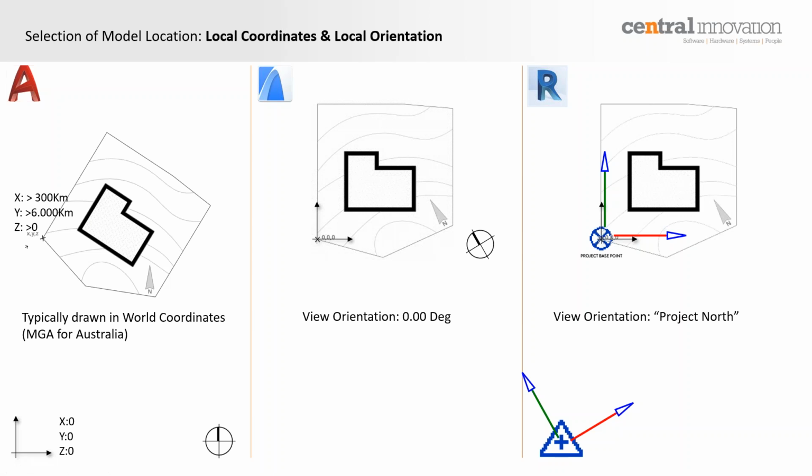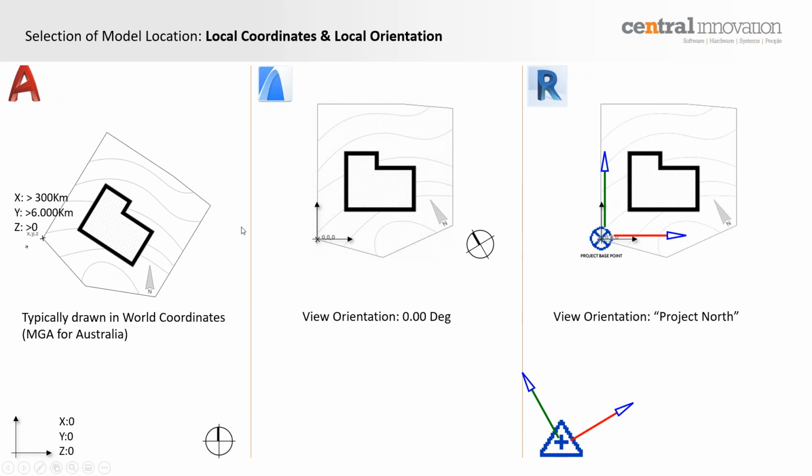As you go forward north, the number will increase and so on. And the Z value will increase depending on how high you are from sea level or the AHD level. So basically that's what describes a typical survey file that comes in Archicad.